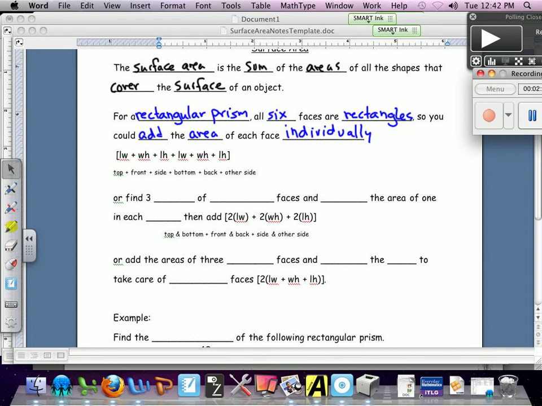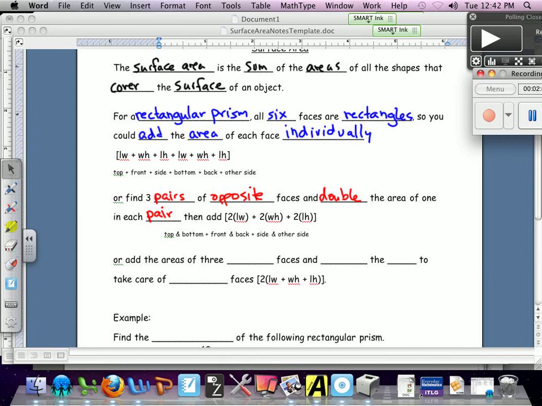Another option is to find 3 pairs of opposite faces and double the area of one in each pair, and then you would add them. So the sample order here again is totally flexible, but I would take 2 of the length times widths and 2 of the width times height and 2 of the length times height.